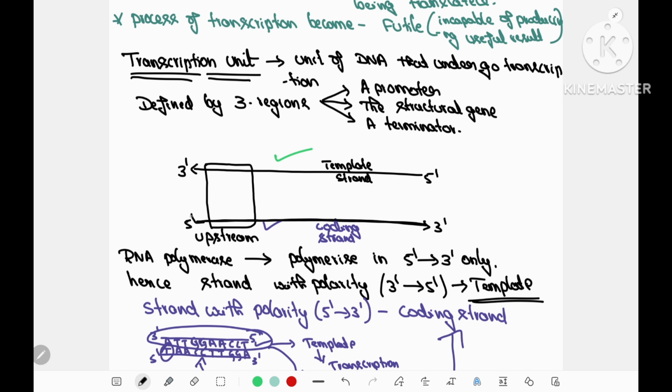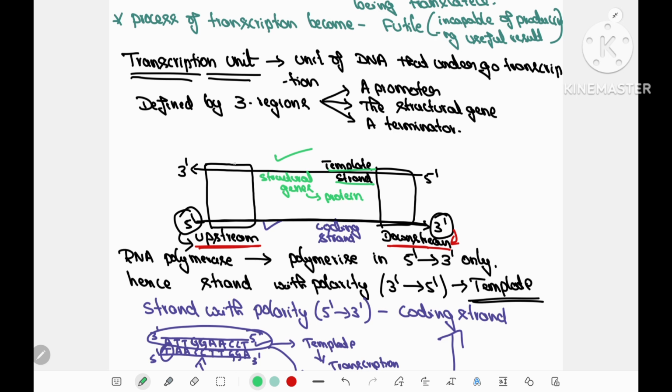At upstream, that is the 5' end of the coding strand, there is a promoter sequence. So this is the promoter sequence. Now downstream, that is towards the 3' end of the coding strand, is the terminator sequence. Now we can switch the promoter sequence, but everything has to be switched. So remember that point. Now in the template strand there is the structural gene.